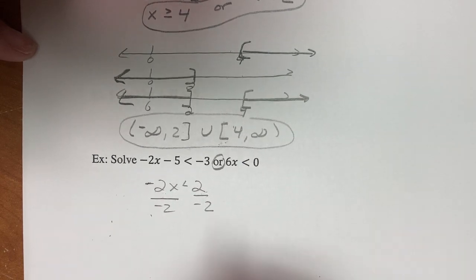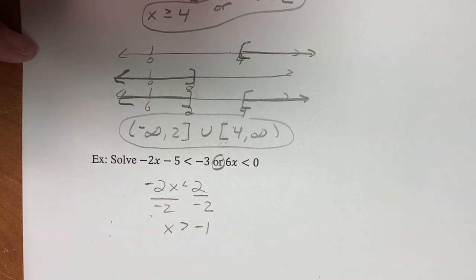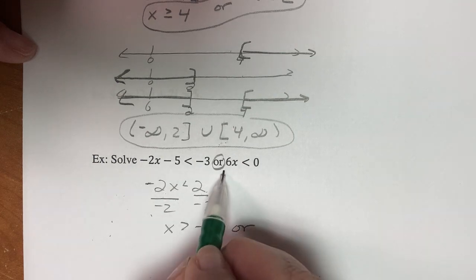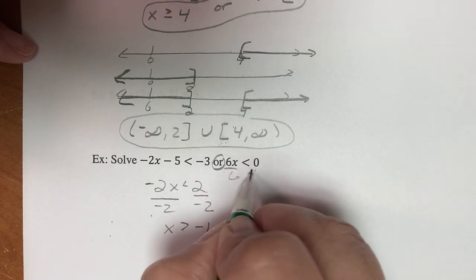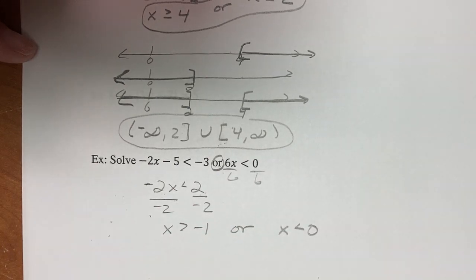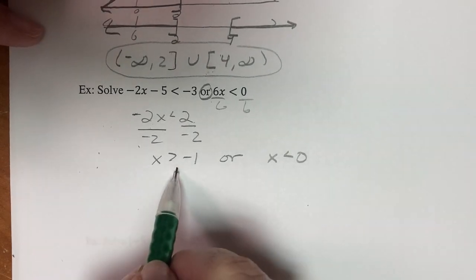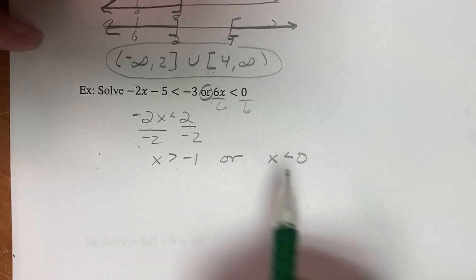Does everybody remember that? So this final answer would be x is greater than negative 1. Or, now this one is simple. If I divide by 6, I'm dividing by a positive 6. So that's going to be x is less than 0.